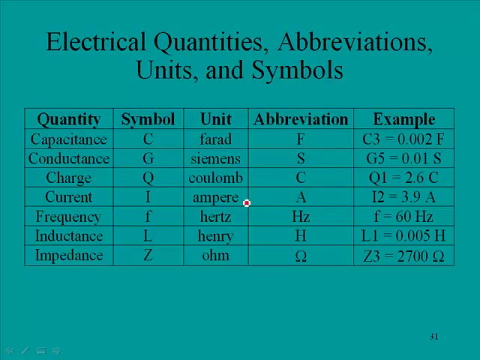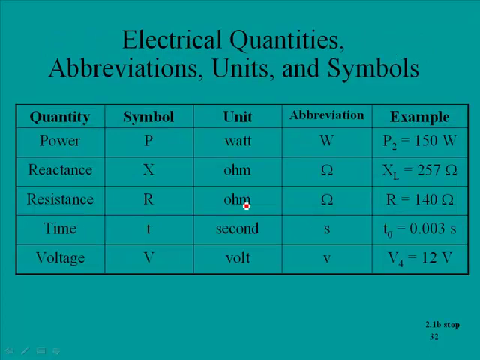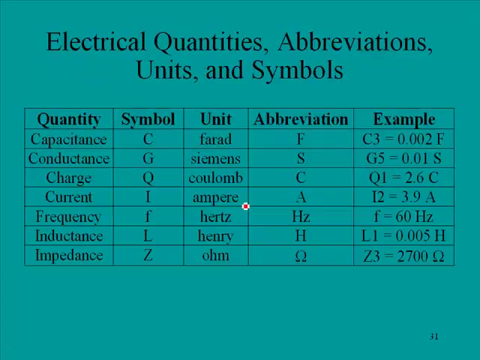Here we have some electrical quantities and abbreviations, and we've got 2 pages of these, and we haven't covered all of these subjects yet. I do want to mention them here, but I'm not going to go into all of them at this time. I want to give you a sense of what we're looking at, because throughout the course of this book we will be looking at all of these items.